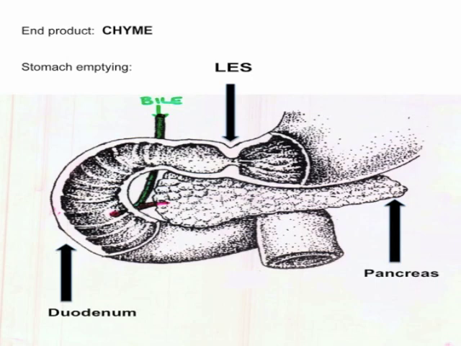Stomach emptying is influenced or affected by food quantity, exercise, and strong emotions. Also connected to this first part of the small intestine, we see the pancreas and also the liver, which produces bile. It empties into the small intestine and contributes to digestion.